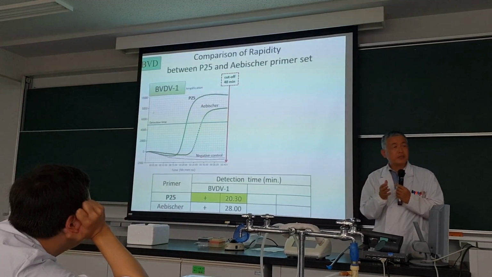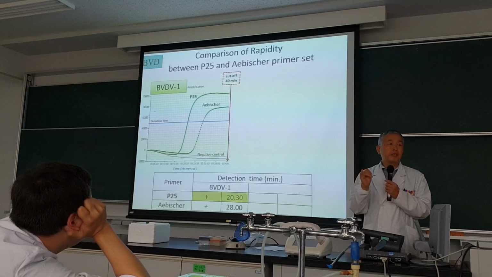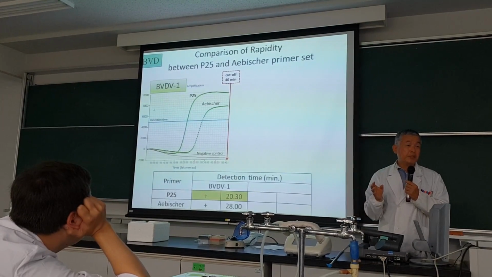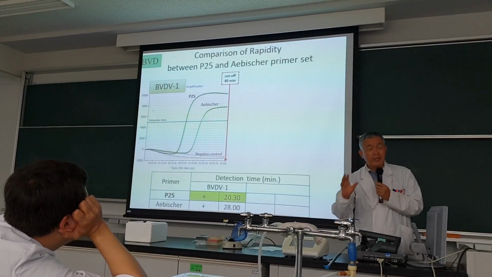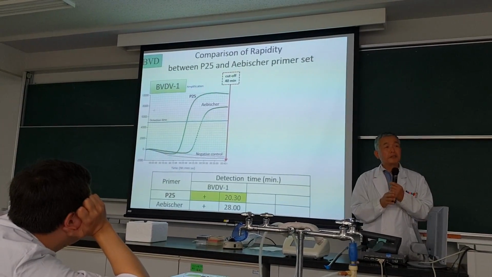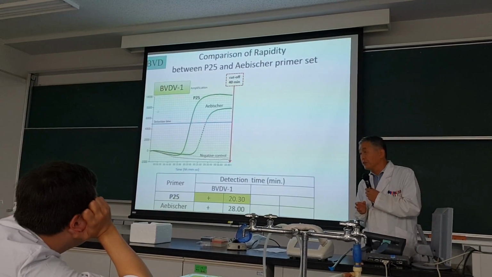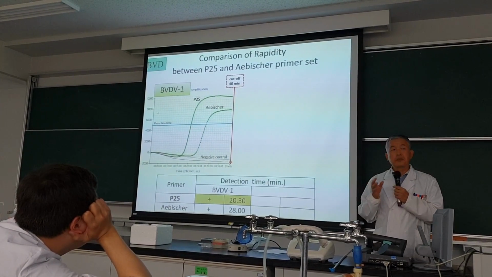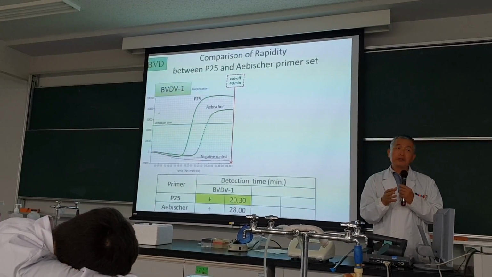LAMP is a quick, simple, specific, and sensitive system, almost similar to PCR or real-time PCR. The system does not require a specific, well-trained person, and specific lab training is not required.